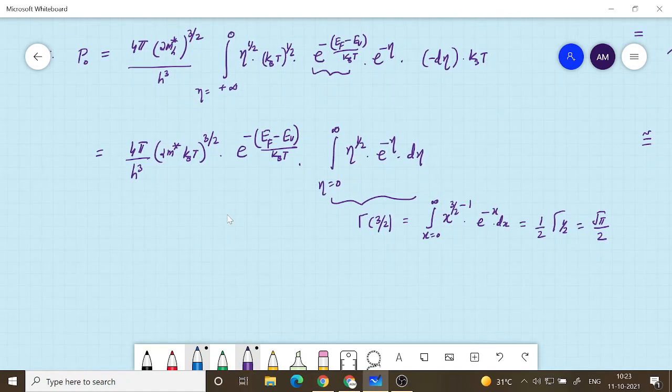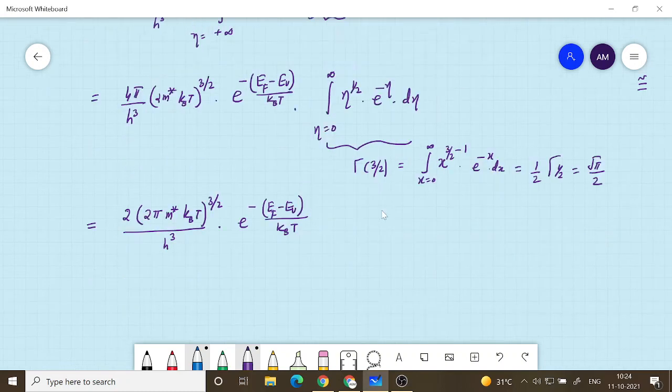Already there is a pi there, so I can absorb the pi inside the bracket containing the power of 3 by 2. Then this will become 2 into 2 pi m star kBT raised to 3 by 2 divided by h cube into e raised to minus EF minus EV by kBT.